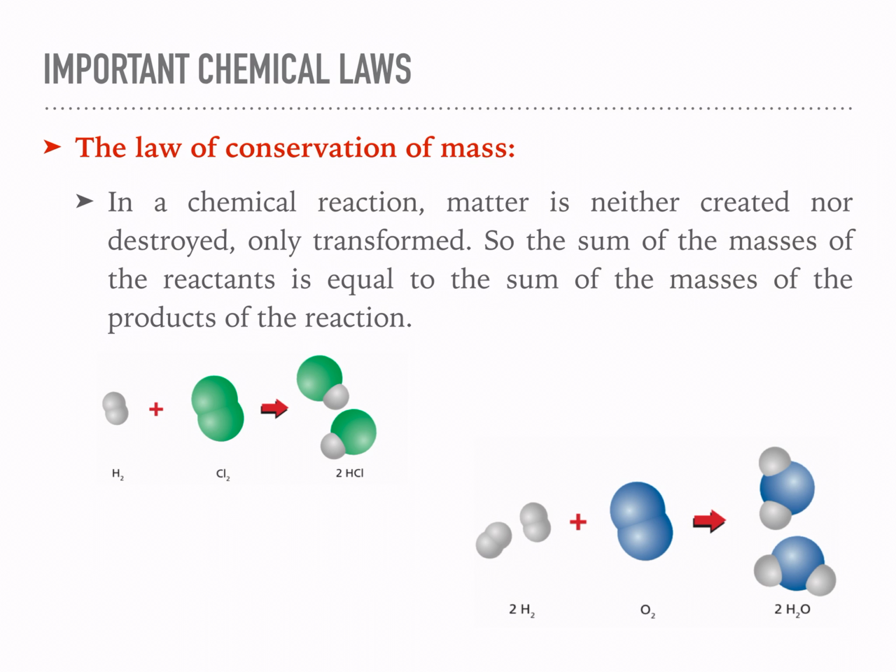In a chemical reaction, matter is neither created nor destroyed, only transformed, again, because we rearrange the atoms. We don't create them or destroy them, we just rearrange and reorder them. So the sum of the masses of the reactants is equal to the sum of the masses of the products of the reaction.